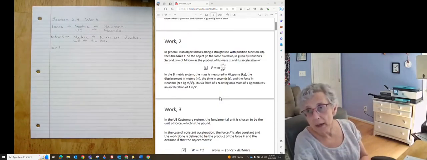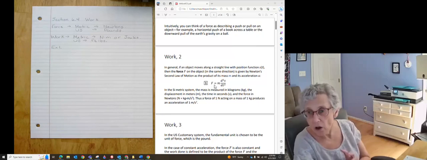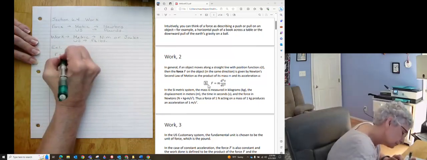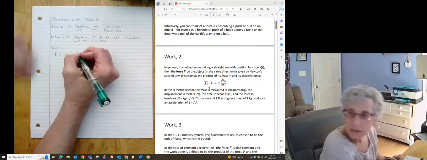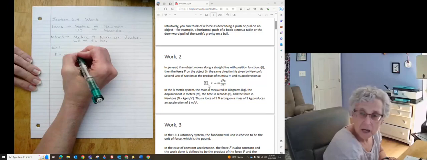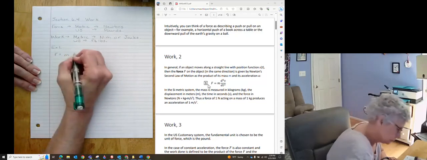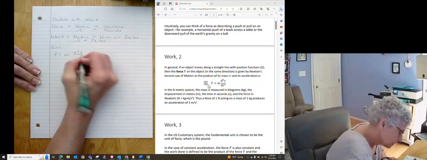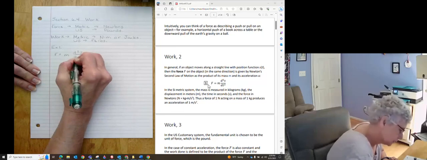So if we look back up here, Newton's law says that force is equal to mass times acceleration.